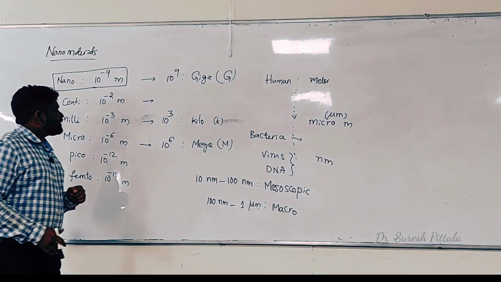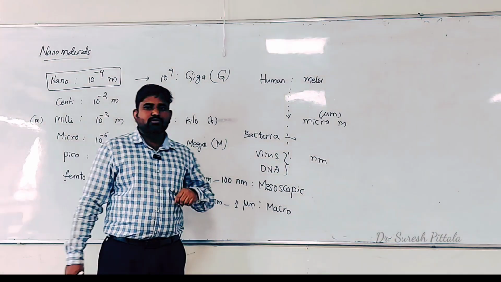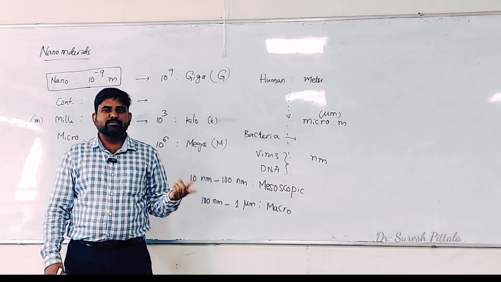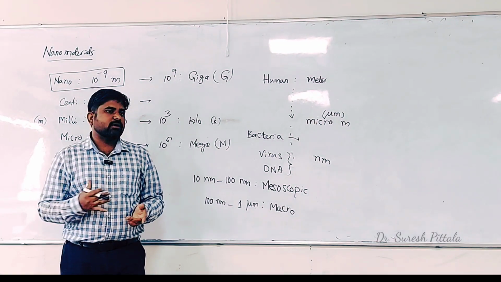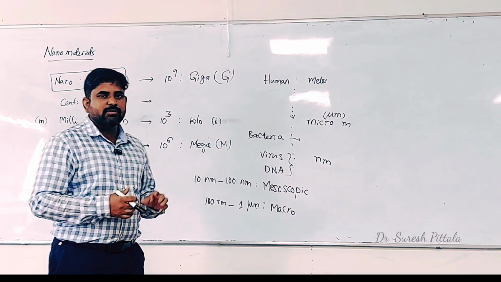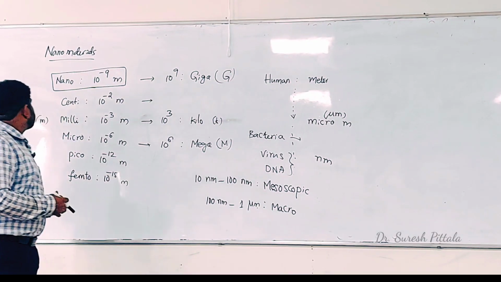Let us try to understand what happens if you go to the nanoscale, what kind of physics changes, and why it changes. If you want to prepare nanomaterials, how do you prepare them? Some parts we will touch, then we can close it.